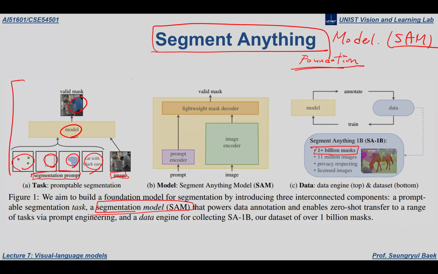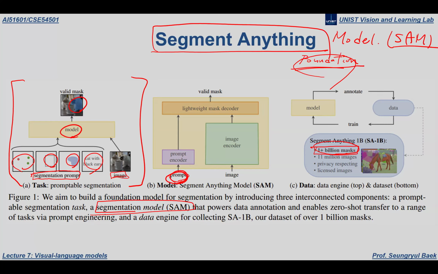They are defining this type of model architecture and using over 1 billion masks and many GPUs. They train this model, and that's called the foundation model for segmentation applications nowadays. Okay, so this is a more detailed view of the same architecture.